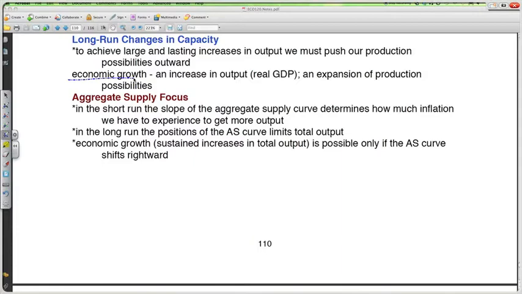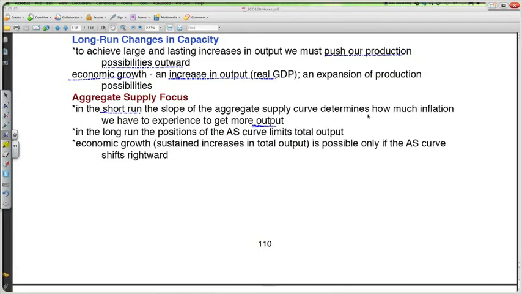So to get this economic growth, this increase in output, we want to push our production possibilities outward. Increase that line. Now when we look at the aggregate supply here, this is really going to determine what our economic growth can be. And also it's going to determine our short run. So it's going to determine how closely we can actually get and how easily we can get to maximizing our output here.